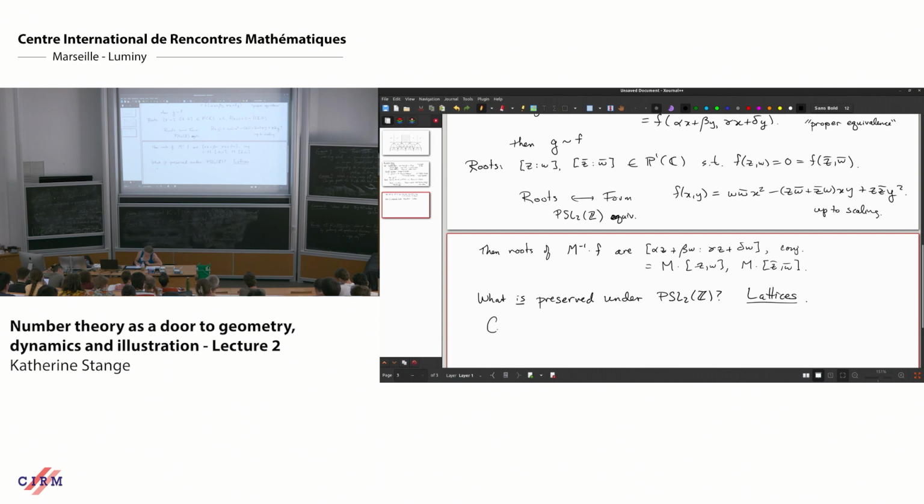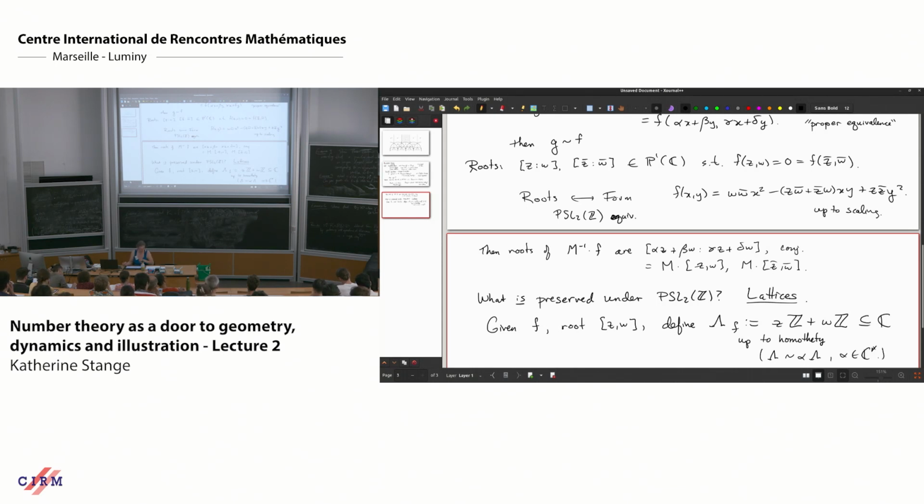Given a form, say it has some root. Then I can define a lattice associated to that form as being generated by those two coordinates. This is a rank 2 lattice inside the complex plane, and I'm going to take this up to homothety, because my root is only given up to scaling, since I'm thinking of it projectively, so I have to allow my lattice to be scaled as well.